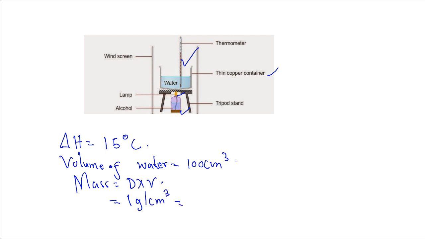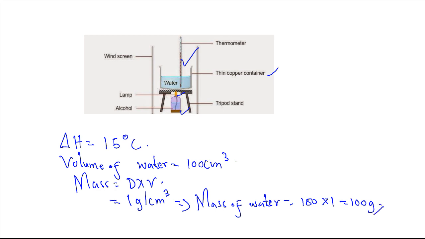So mass of water is equal to 100 times 1, which is 100 grams.